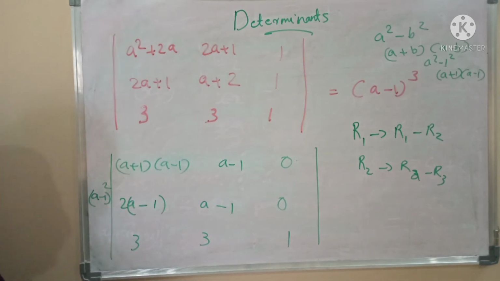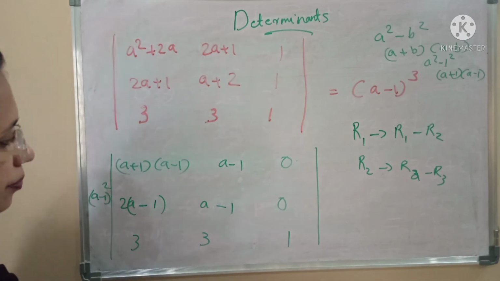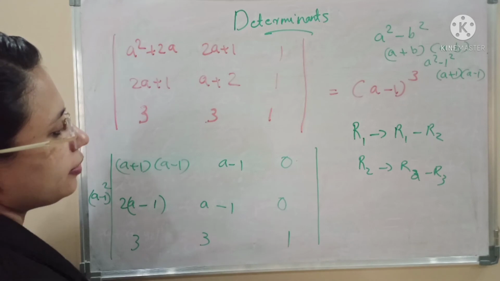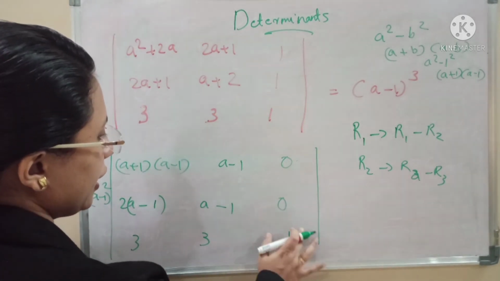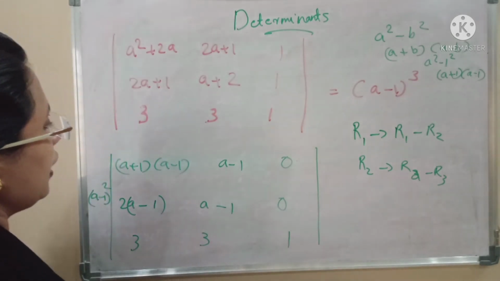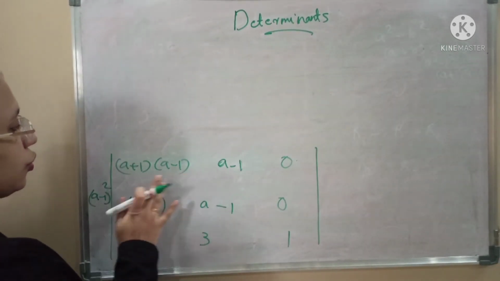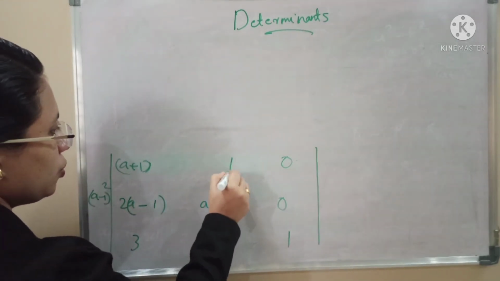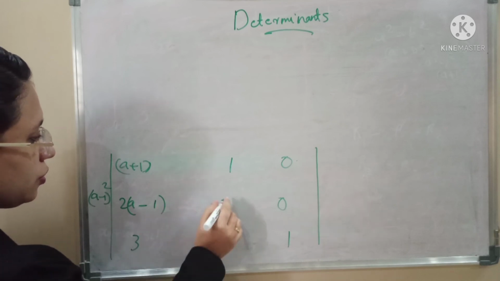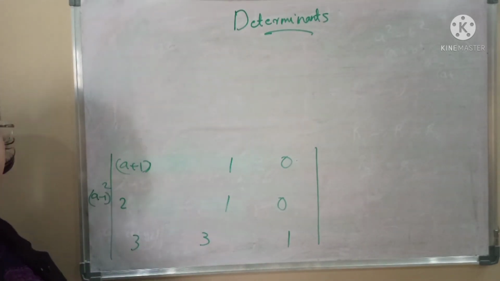Fine. Okay, so what is the next step? Definitely these two are zeros, right? So we just need to take care of this one. Let's see what is left after taking a minus 1 outside from R1 and R2, right? So there will be 1 here, here also 1, and there it will be 2 only.